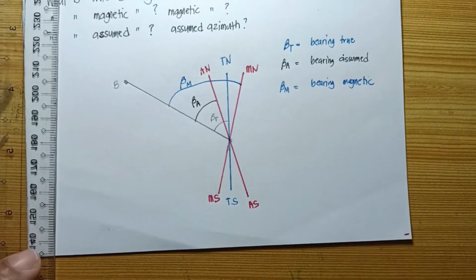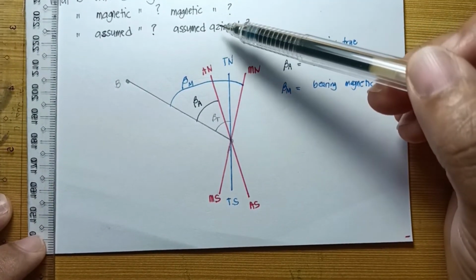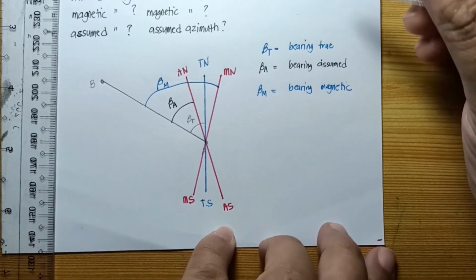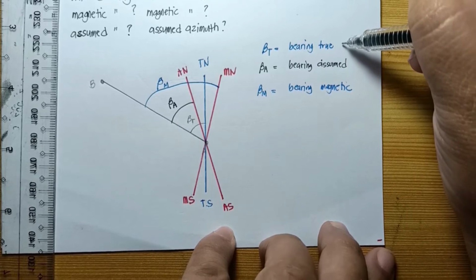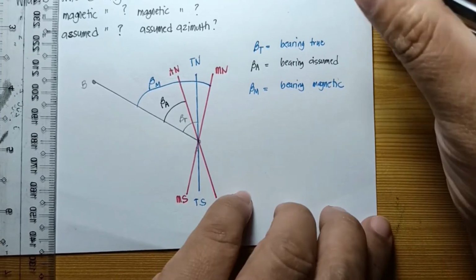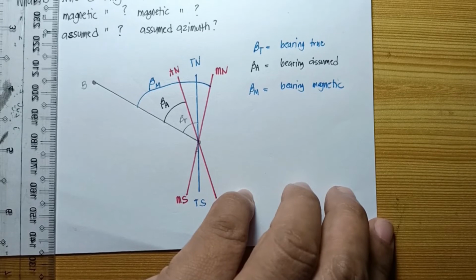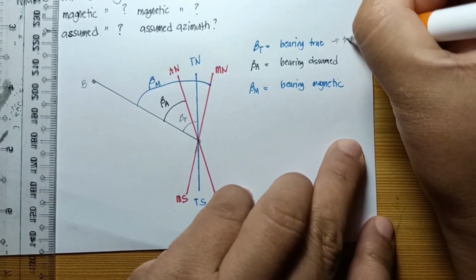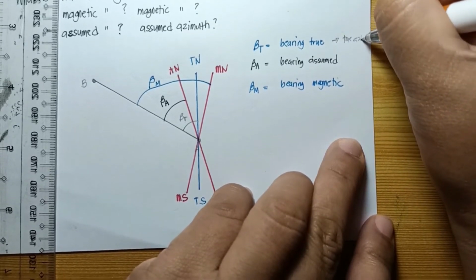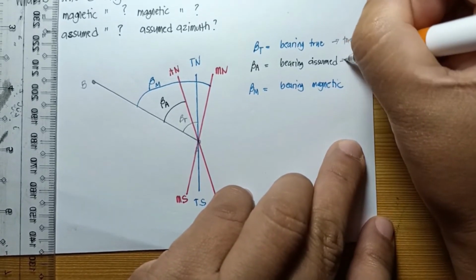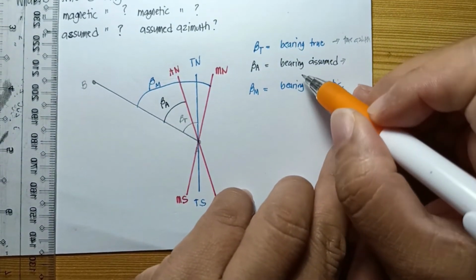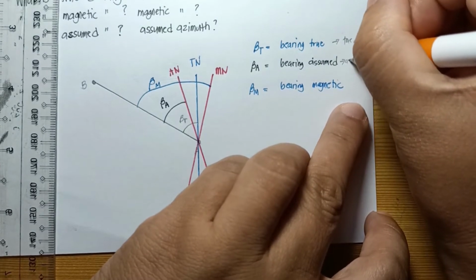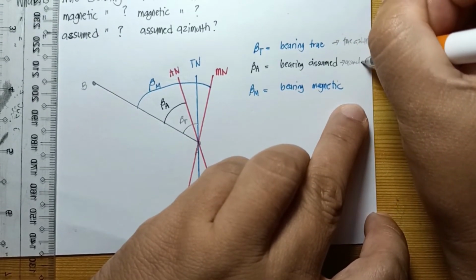Now, what are true azimuth, magnetic azimuth, and assumed azimuth? If we have the true bearing and you convert that into azimuth, you will get a true azimuth. Likewise, if you convert assumed bearing to azimuth, you will get the assumed azimuth as well.